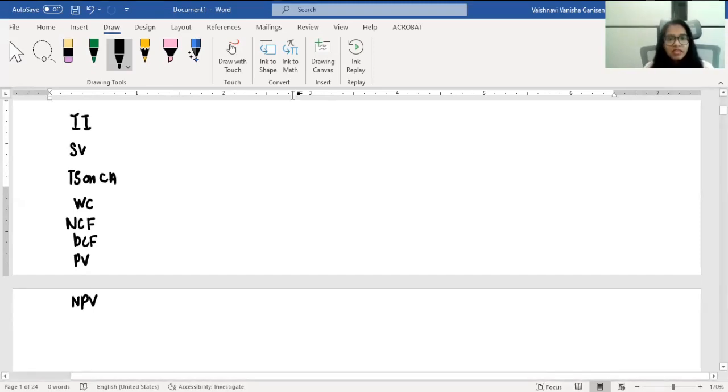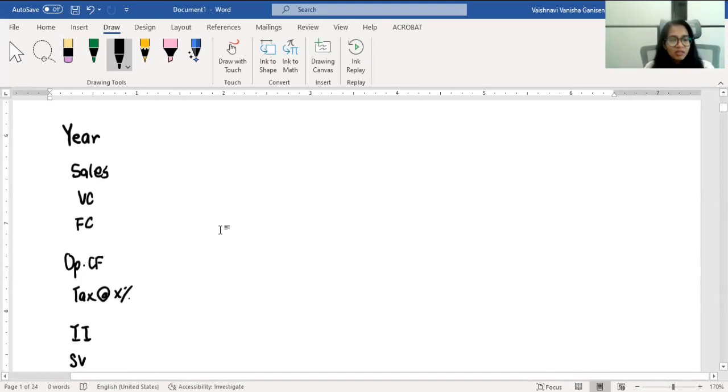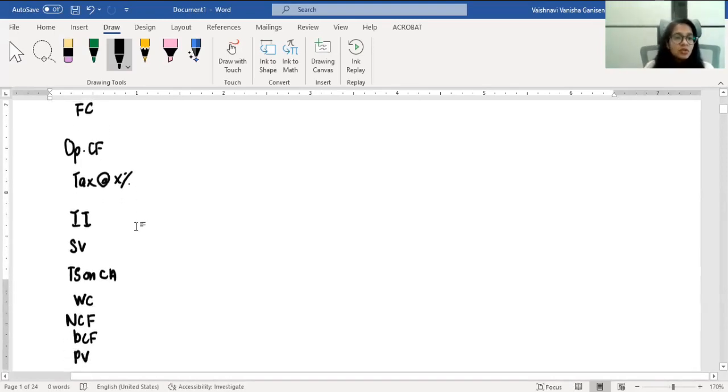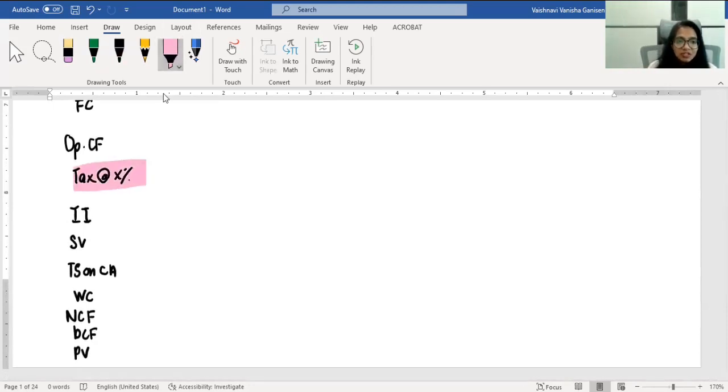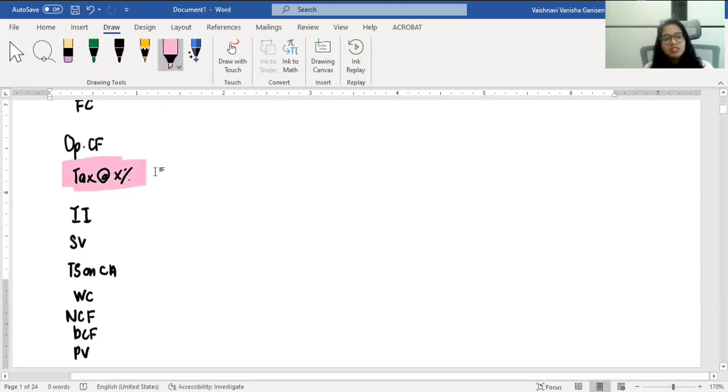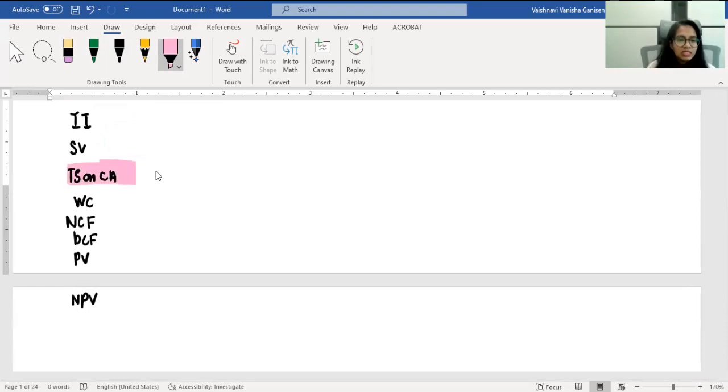Okay, so guys, I hope you can see here. This is my format: year, sales, variable cost, fixed cost, operating cash flow. Now, this is your new item. Initial investment, scrap value. These two are your new items. Then you go on NCF, discount factor, PV, and NPV.